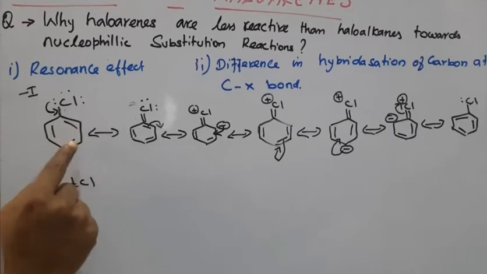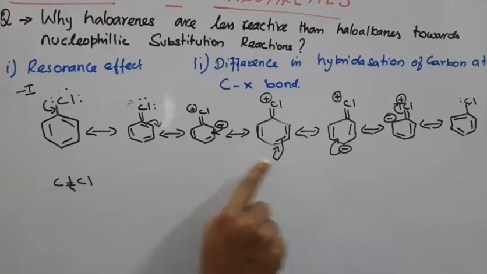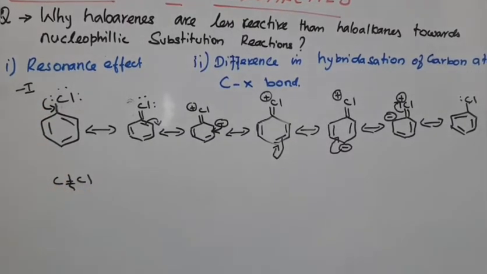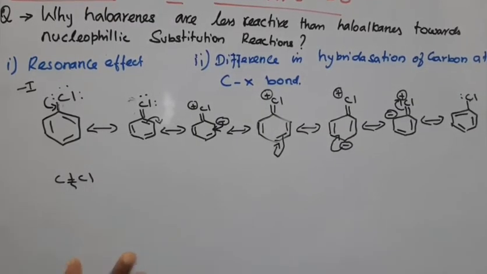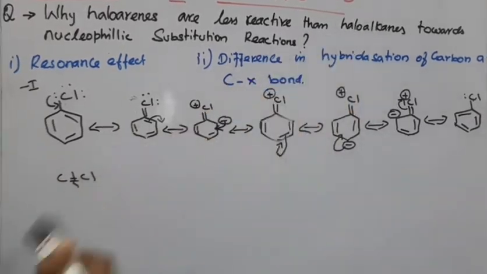Here pi bond delocalization takes place, so the resonating effect also creates a partial double bond. This partial double bond is a shorter bond, and we cannot break it easily. So it is less reactive compared to haloalkanes.